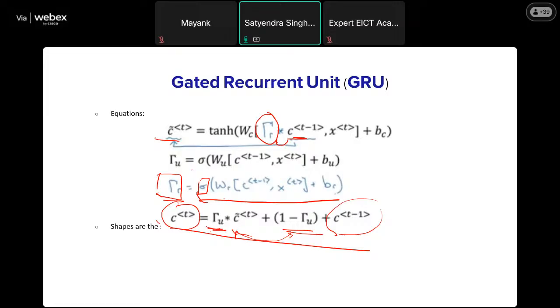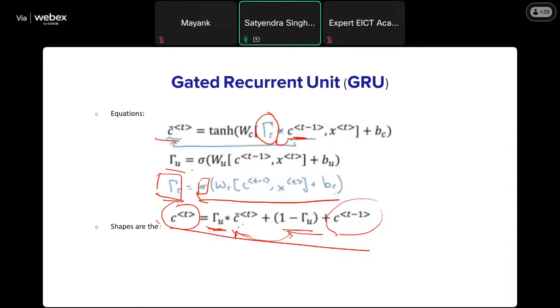However, there might be a possibility that a word might be relevant, or the output or context information might be relevant to the current input as well as the previous input, both. Right now, in this case, the update gate is mostly 0 or 1.